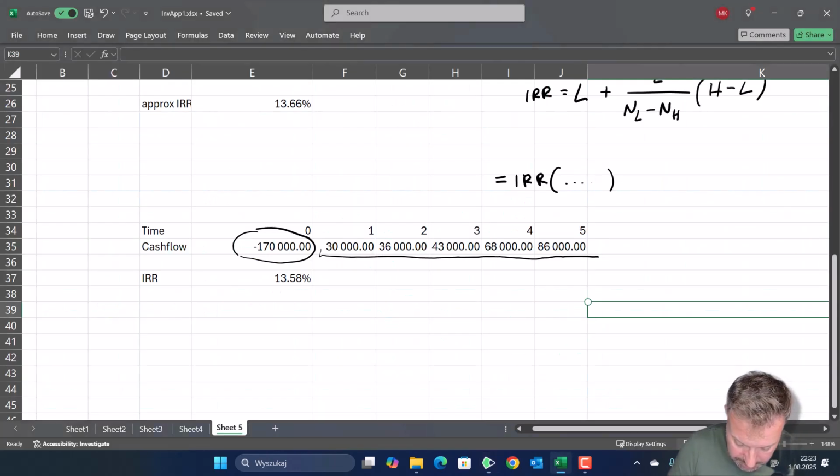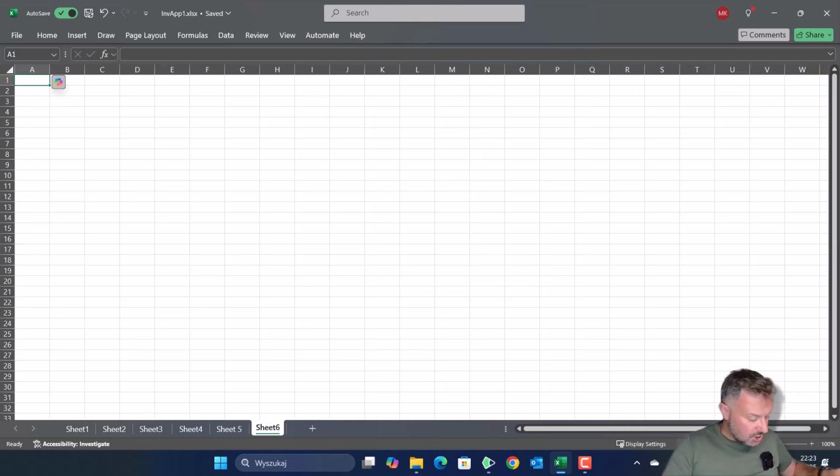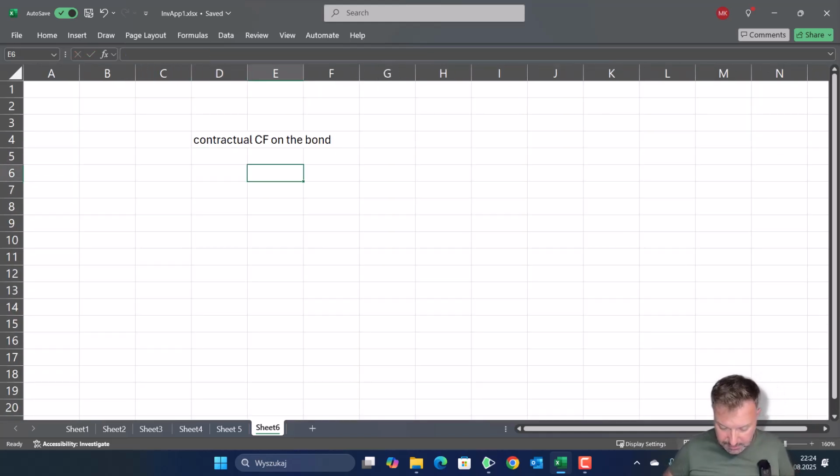Let's go to the spreadsheet again, and let's type in the numbers relating to that bond. Here we will have the contractual cash flows on the bond. Maybe I'll make it a little bit bigger so that you can see what's happening.